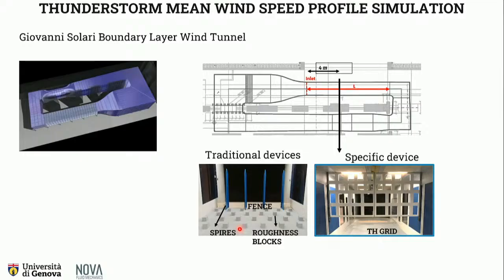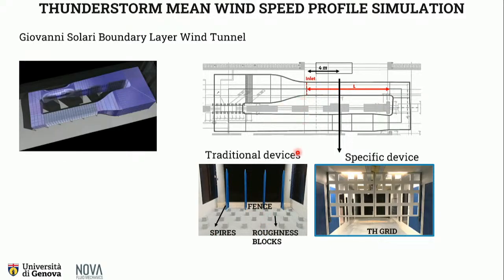So tests have been carried out at the Giovanni Solari boundary layer wind tunnel at University of Genova, in the last part of our working section where boundary layer tests are performed. In order to develop a boundary layer, we use the traditional devices such as roughness blocks on the floor of the wind tunnel, fences and spires at the inlet.